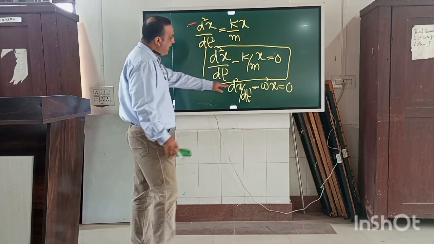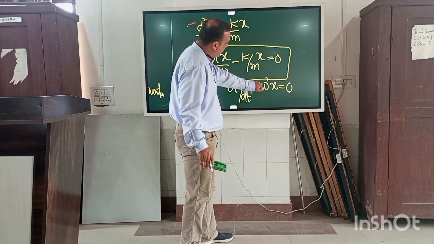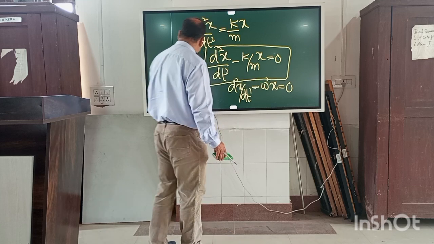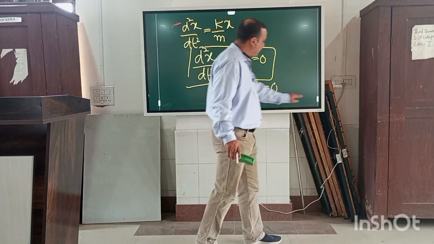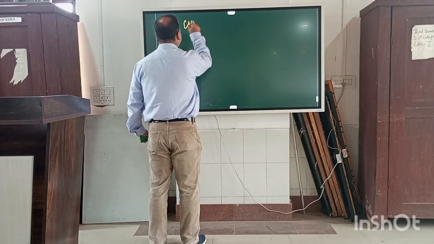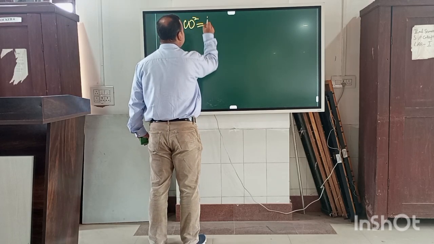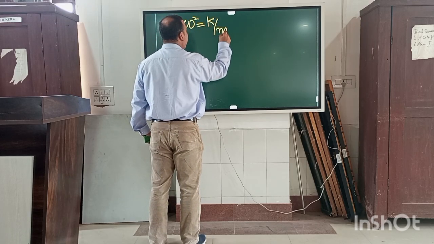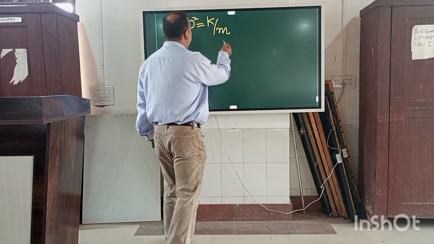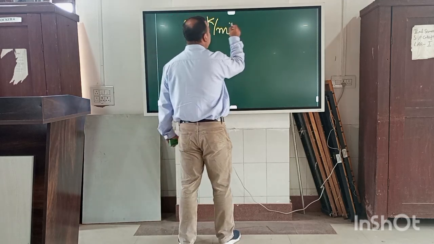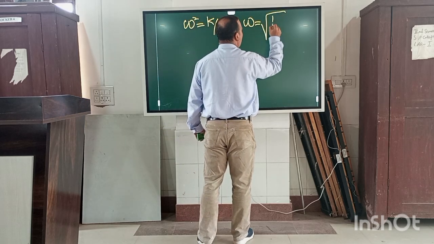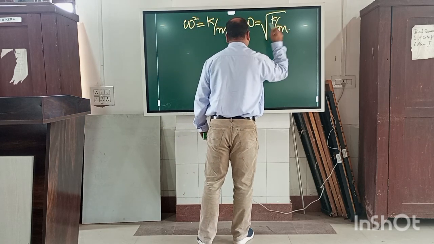Now, the omega that has been introduced here is our angular frequency with which this spring is going to oscillate. And this omega squared is nothing but k by m. Now what is k? k is the spring constant and m is the mass attached to the spring. And you can write this omega as the square root of k by m.